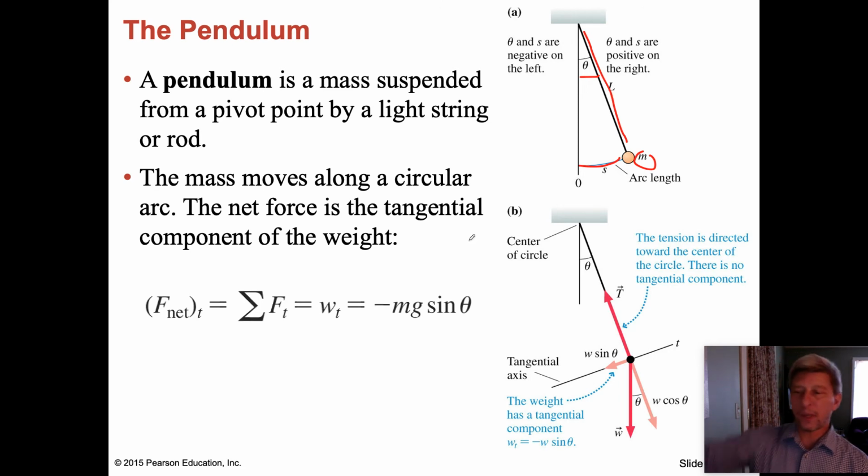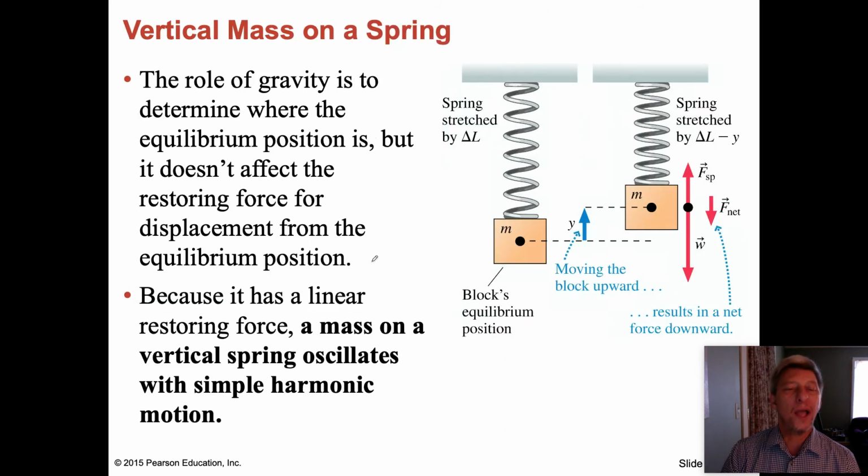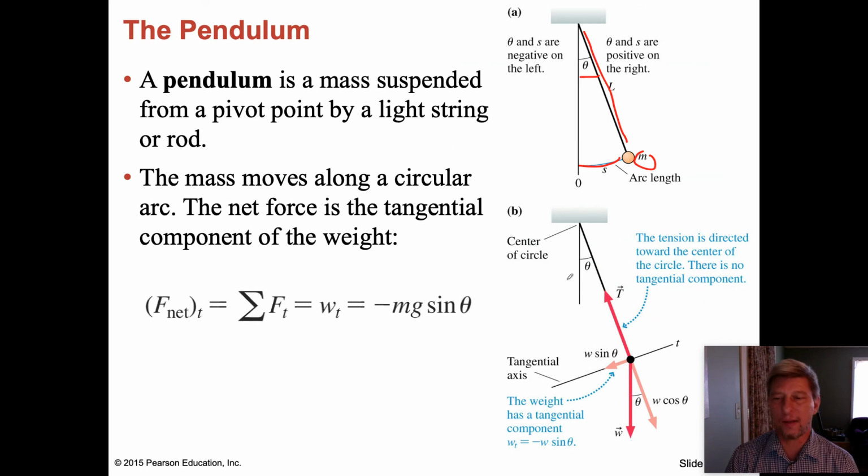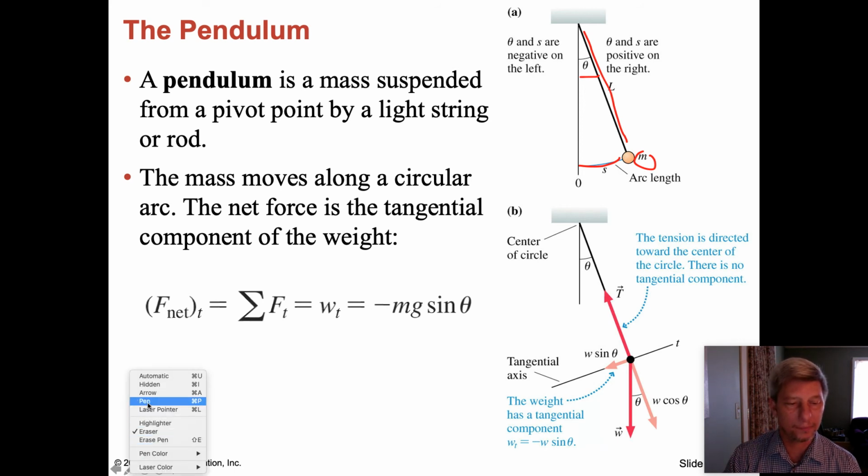Now, the pendulum itself is indeed swinging along a circular arc. But there's still a net force on this. So there's tension in the string, there's the weight going down, and this is the restoring force. But we realize, based on our work, that restoring force is equal to the weight times the sine of theta.